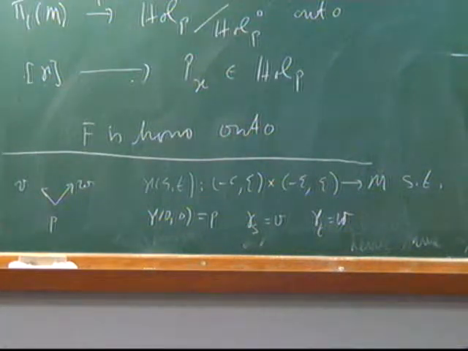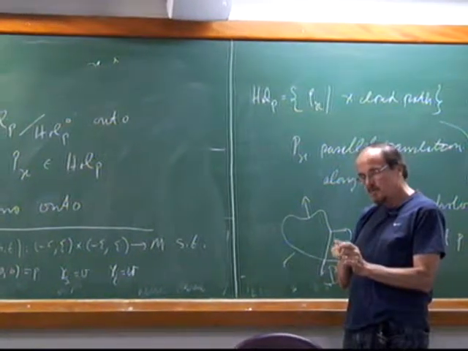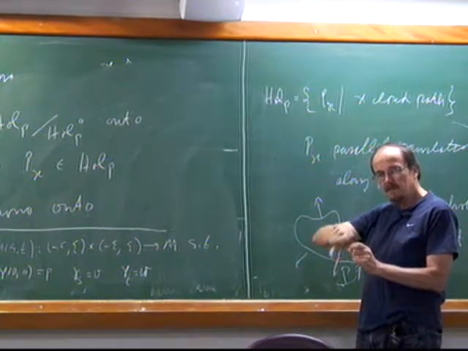So construct a net, if you want, which at the beginning point has as its two coordinate vectors of the net v and w.